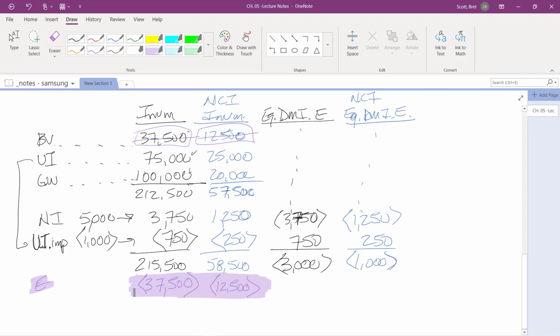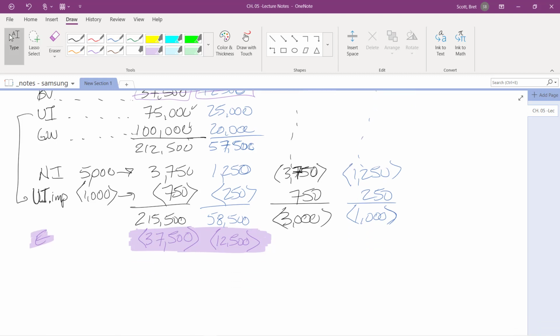What about the next one, journal entry R? Journal entry R, when we go through, we want to deal with all the fair value adjustments as of the beginning of the period. So the fair value adjustments we see up above for our side was the UI and the goodwill, totaling 175.